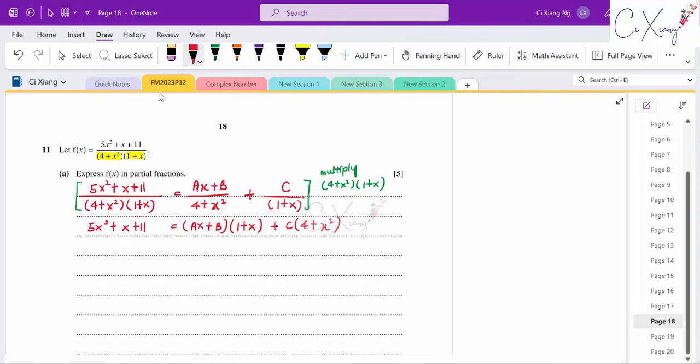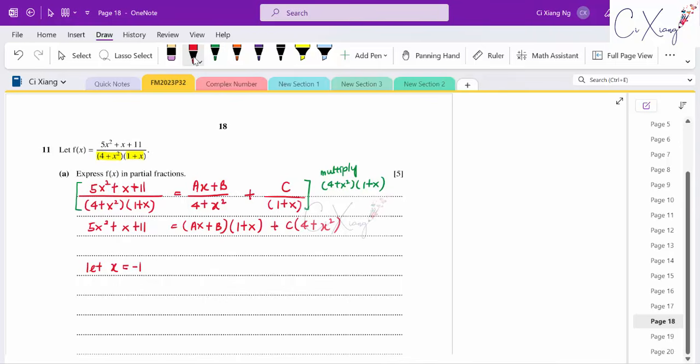First of all, I look at this linear factor, 1 plus x. I want to make this linear factor become 0. So if x plus 1 equals 0, I will let x equal negative 1. Put it into the whole equation from the left to the right-hand side.